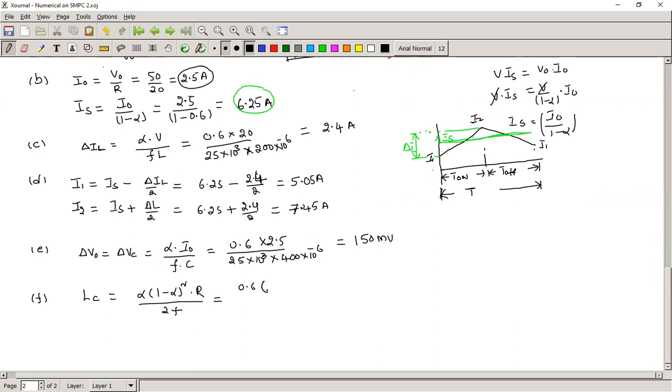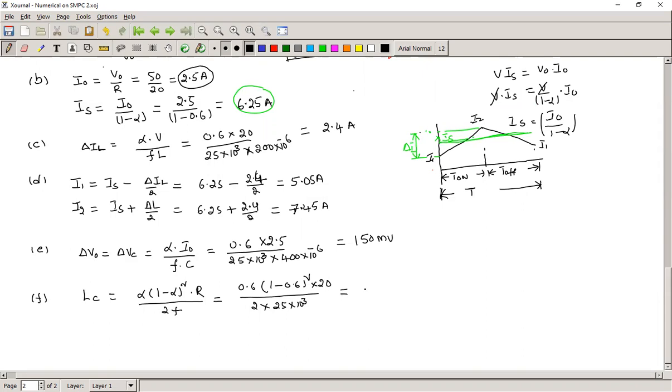Every value is given. We know 0.6, 1 minus 0.6 whole square. The R value is given in the problem as 20. 2 into F value 25 kilohertz, which we convert to hertz.